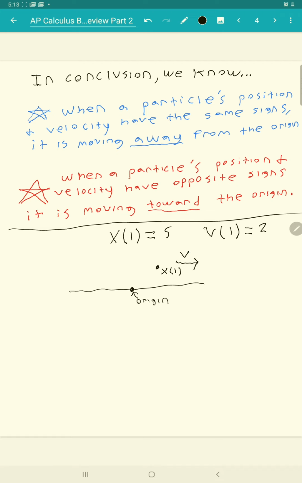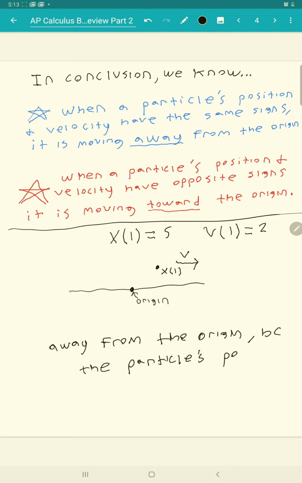So our explanation for this can just be, because they're going to want an explanation on these FRQs, it will just say: away from the origin because the particle's position and velocity have the same sign.